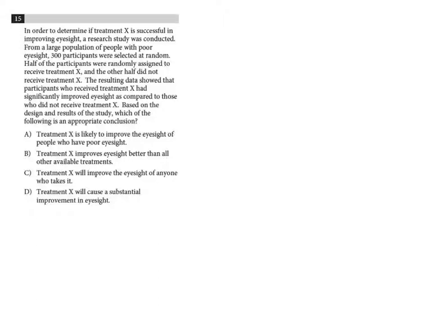15. In order to determine if treatment X is successful in improving eyesight, a research study was conducted. From a large population of people with poor eyesight, 300 participants were selected at random. People were selected at random.